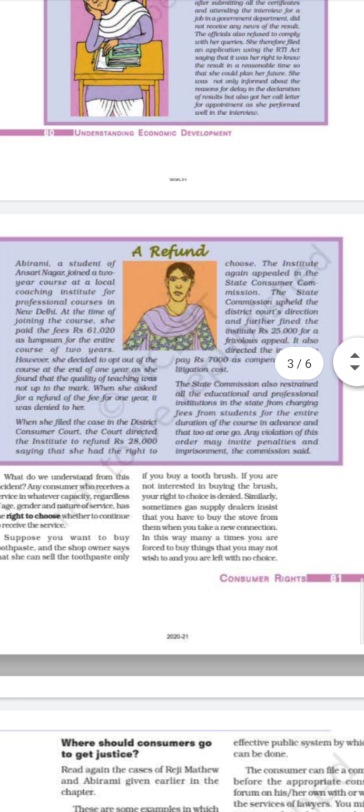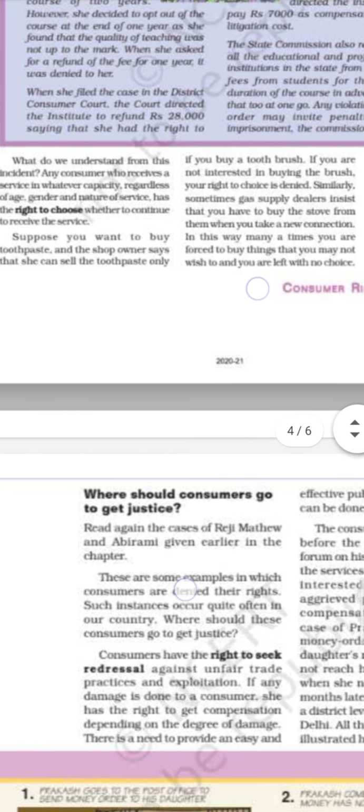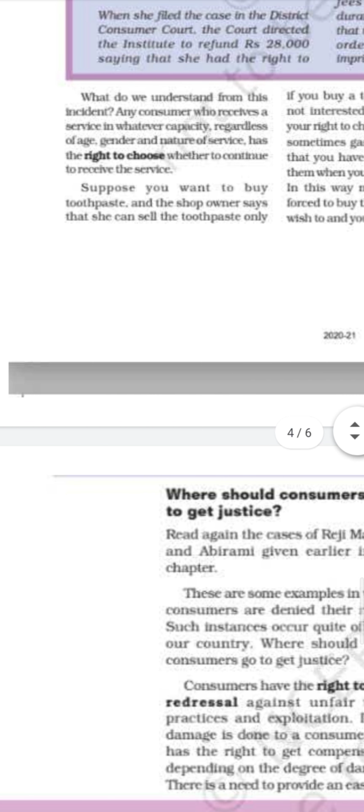Next, what do we understand from that incident? Any consumer who receives a service in whatever capacity, regardless of age, gender and nature of service, has the right to choose whether to continue to receive this service or not. Look, it is up to the consumer, whatever they want to consume.